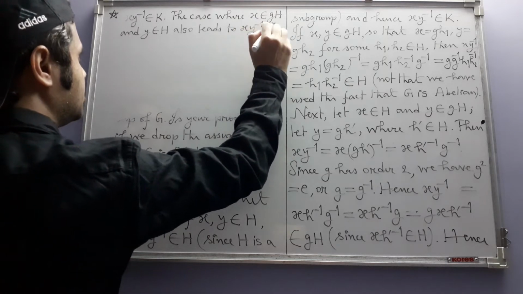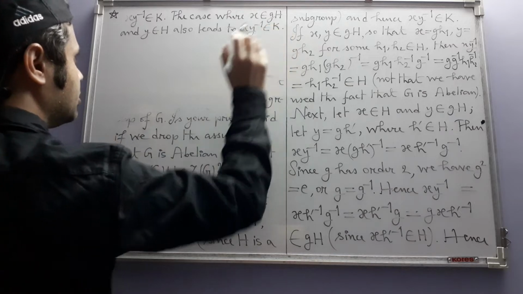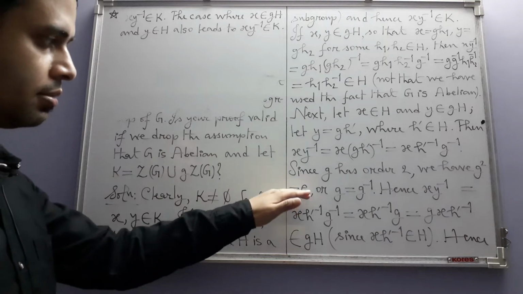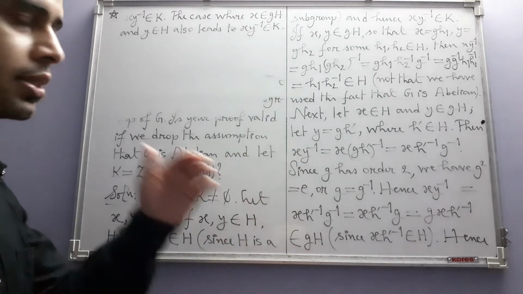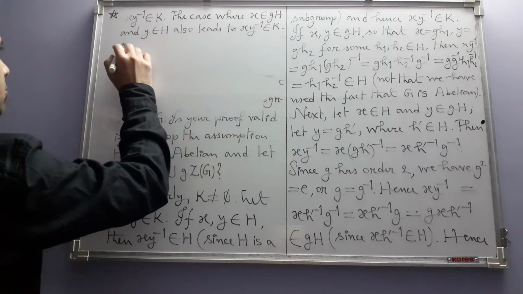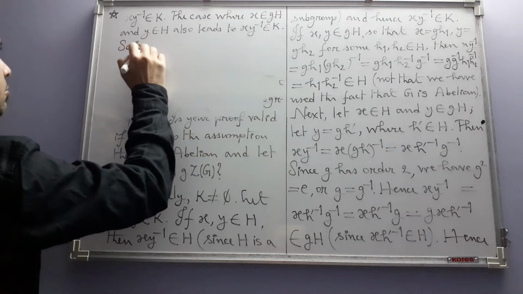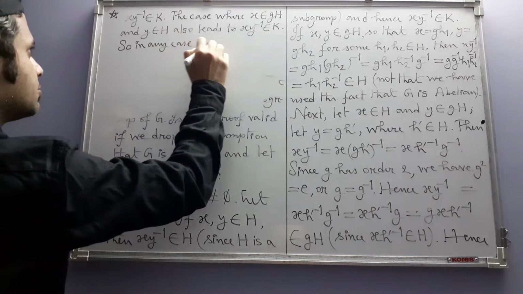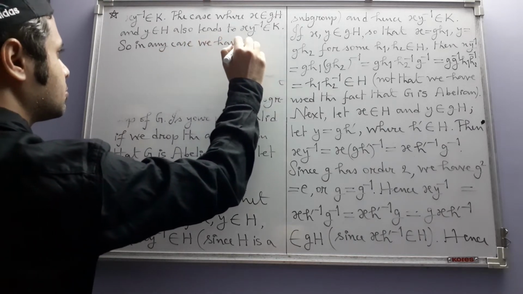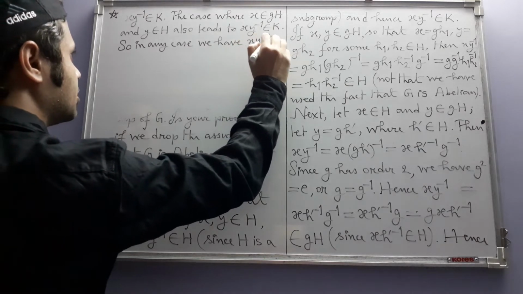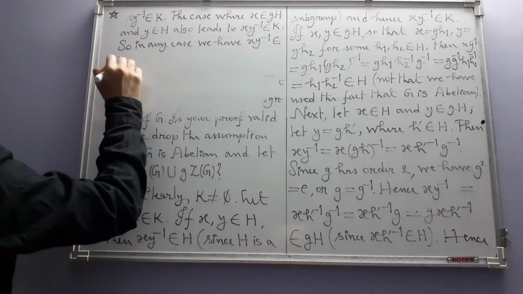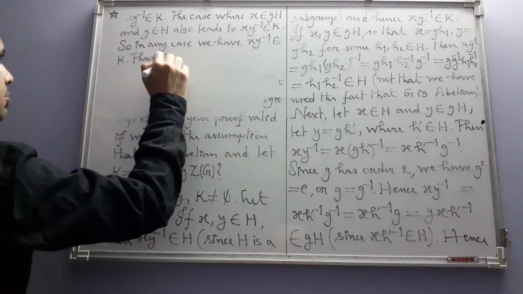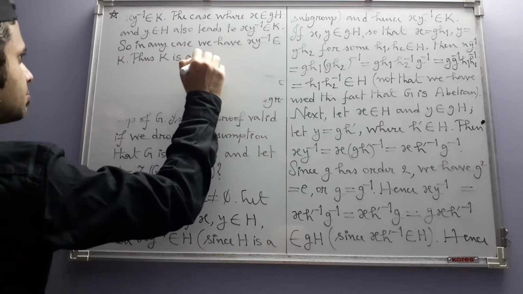Although the conclusion will be reached in a slightly different manner, I mean it will be actually different strictly speaking, but it will be similar to the third case. So in any case we have xy inverse belongs to K. Thus K is a subgroup of G.